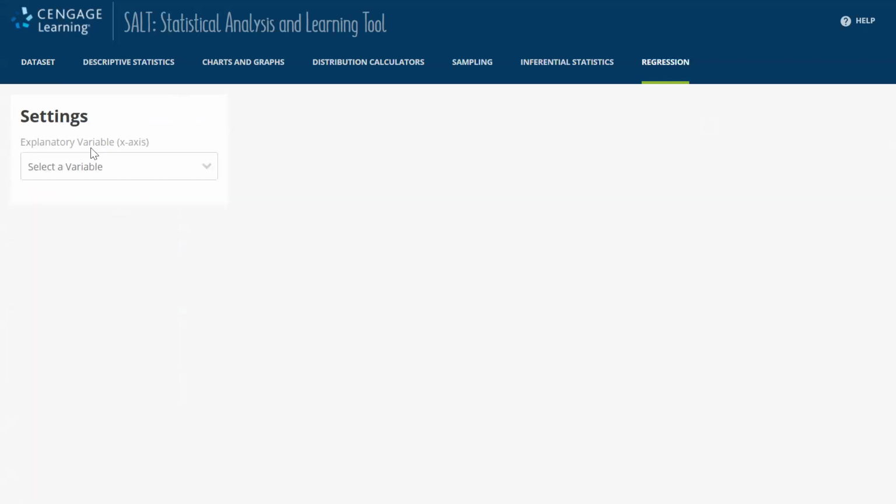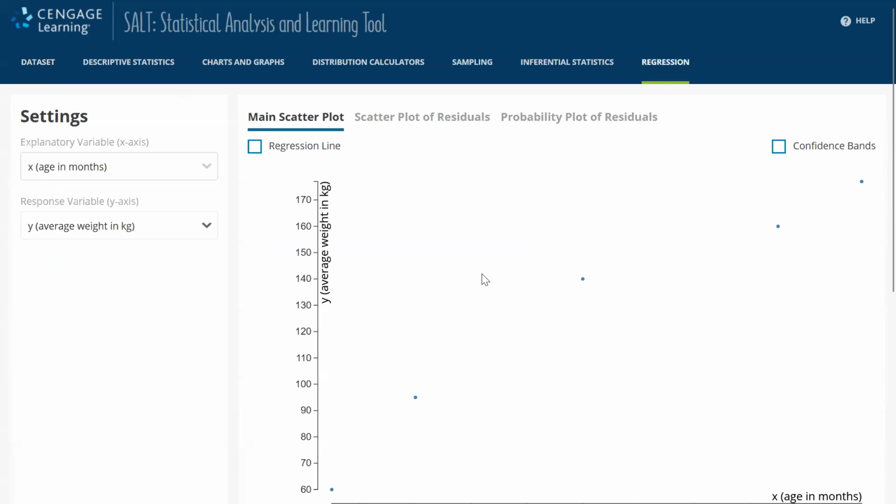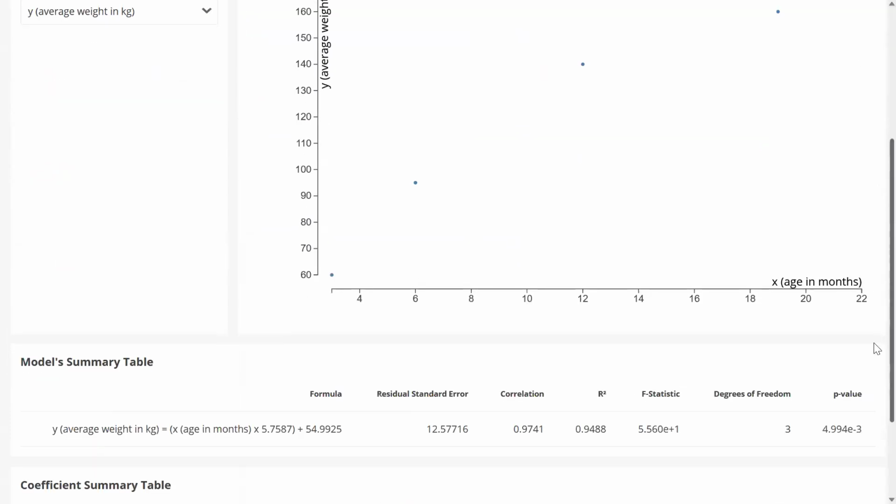It says select my variable. I know that my explanatory is X, and my response is Y. This gives me what I need right here. If you look at the scatter plot, you would see that this diagram looks exactly like the one we chose, right?